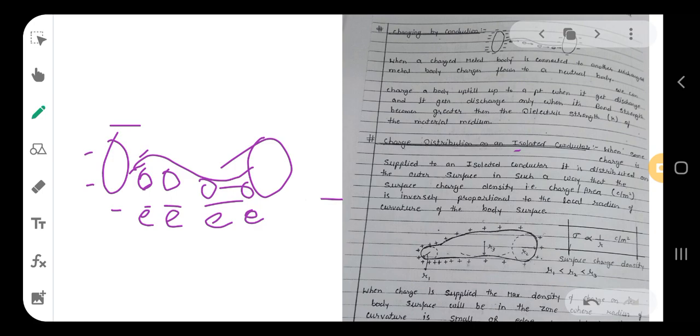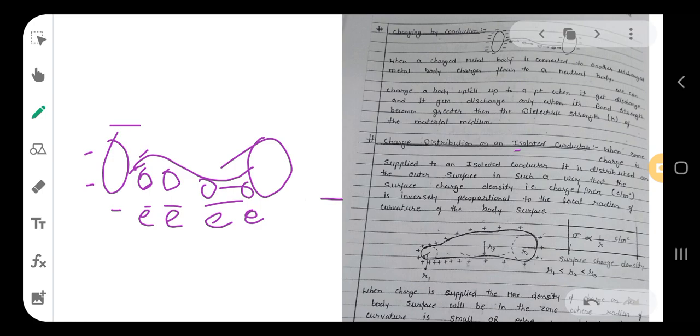Charge distribution on an isolated conductor: when some charge is applied to an isolated conductor, it is distributed on the outer surface in such a way that the surface charge density, that is charge per area, in coulomb per meter square, is inversely proportional to the local radius of curvature of the body surface.